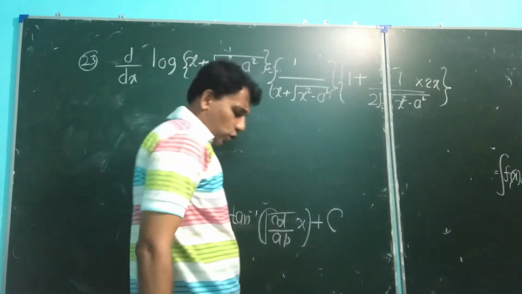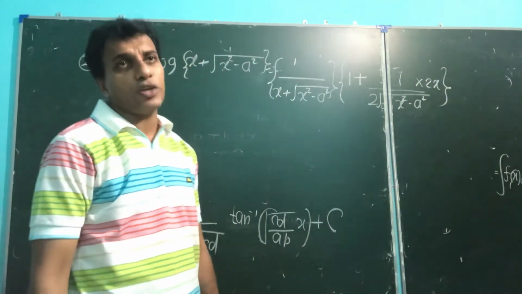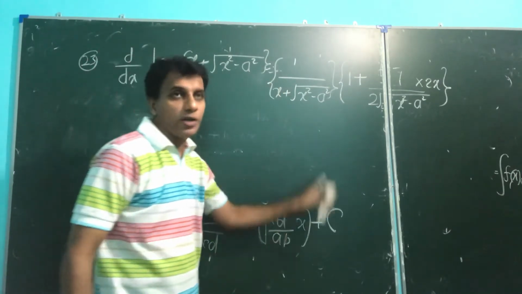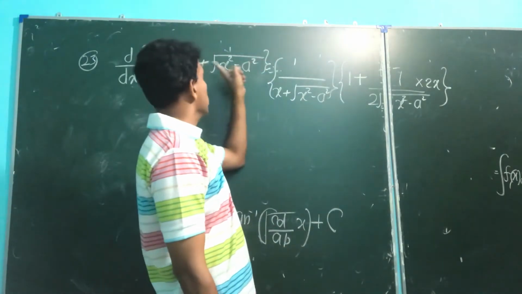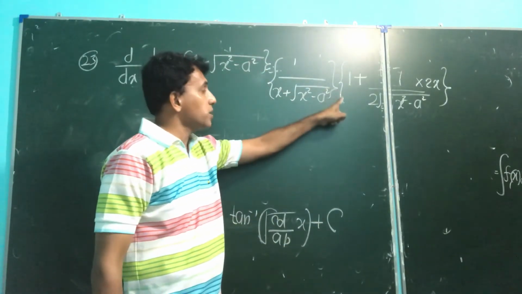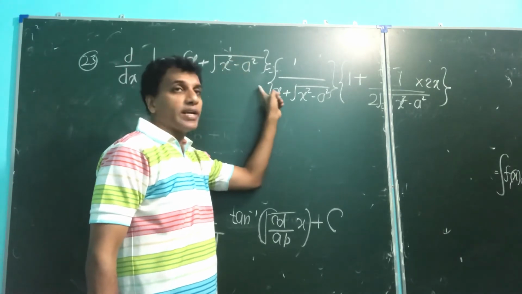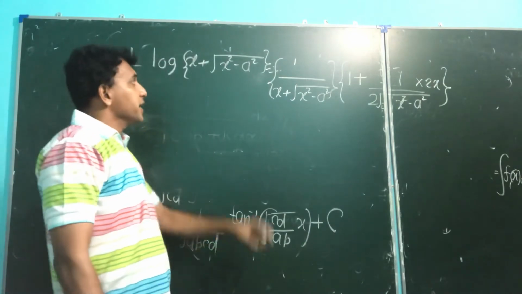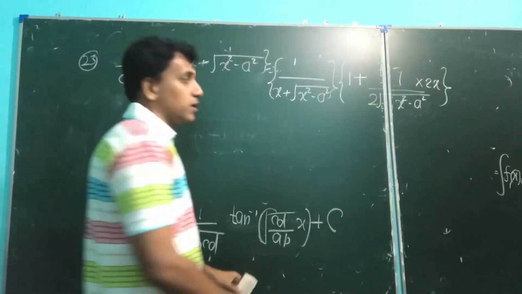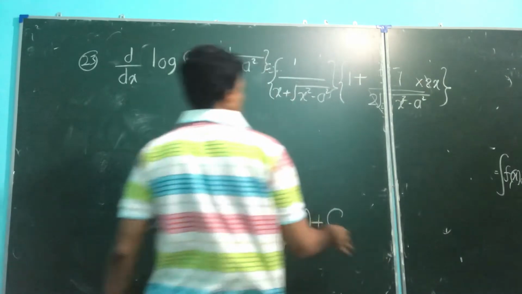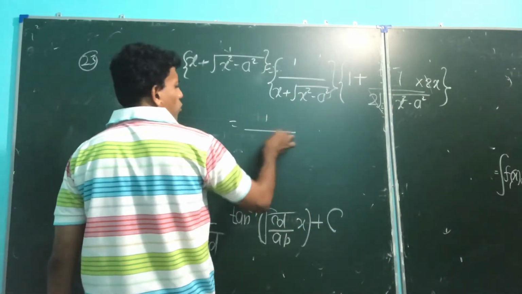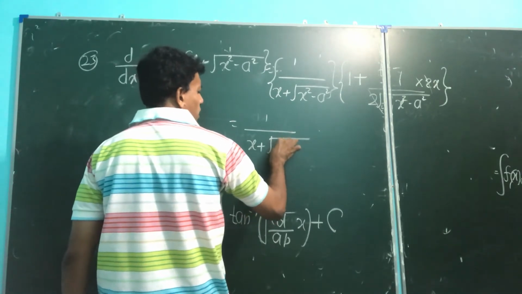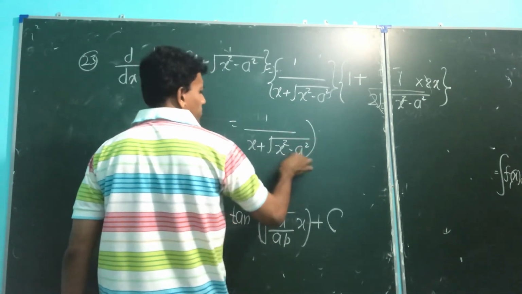See, let's show you complete knowledge of your differential coefficients. Logarithm differentiation is 1 over, hereafter the inner function x differentiation is 1, and square root differentiation is 1 over 2 times square root, and the inner function x square is 2x. Now see, 2 cancel. What is that? 1 over x plus square root of x square minus a square.